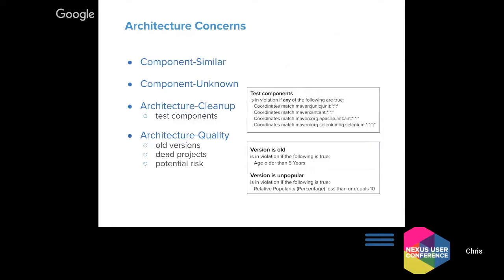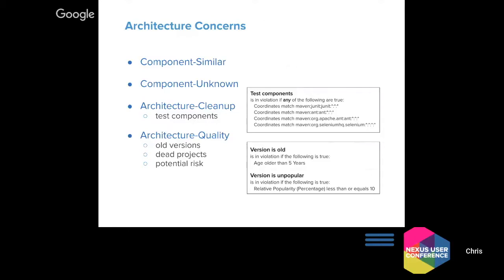Architectural concerns often take secondary priority to security and legal issues. They're highly varied based upon the organization, the languages that you use, and the application categories that you might have, right? The next two here are in our reference policy set, but they're mainly just for informational purposes.